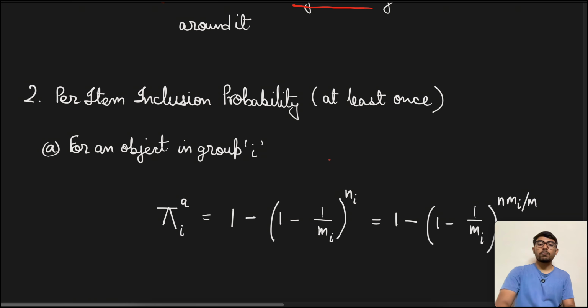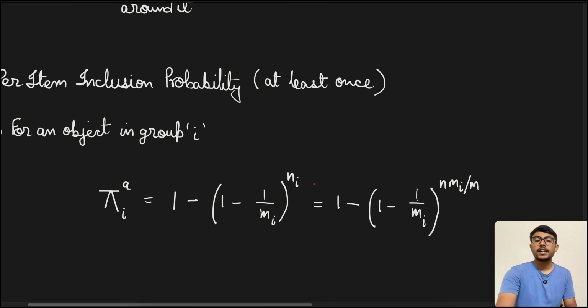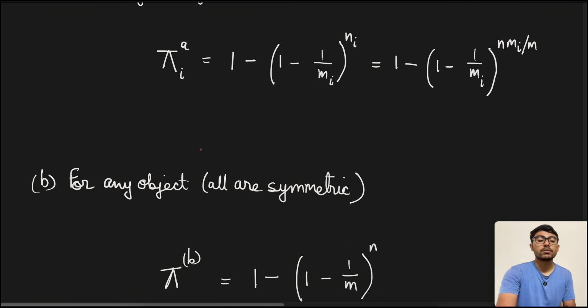So, for each group it is subject to change, and to make it simpler, we want to keep only one variable that is dependent on i, right. So, if we change ni into mi, then we can write 1 minus (1 minus 1 by mi) raised to the power of n times mi over m, which is nothing but ni as we saw in the equation above, or as was given in the question as well, right. So, this was scheme A.